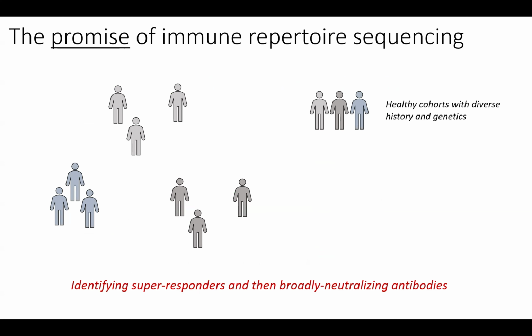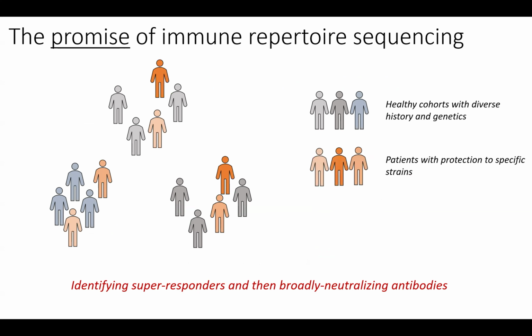And let's say there are some folks who have been infected by different strains of a virus. And some of them are protected against one strain, others are protected against another strain, and so on, because of their adaptive immune system. But also, let's say there are super responders who happen to have an immune system that gives them protection broadly against different viral strains.